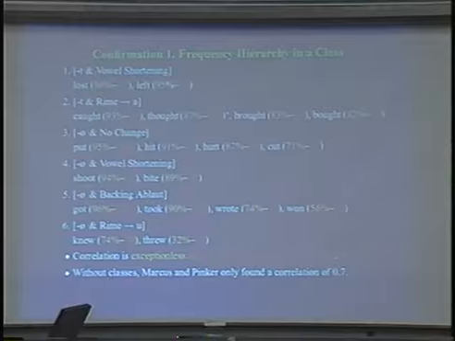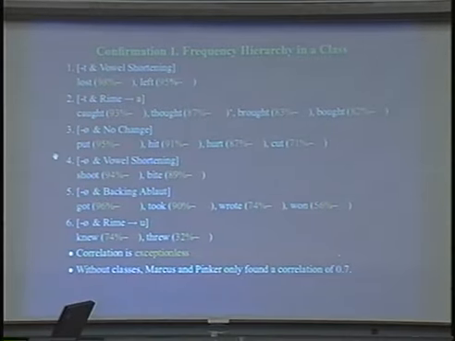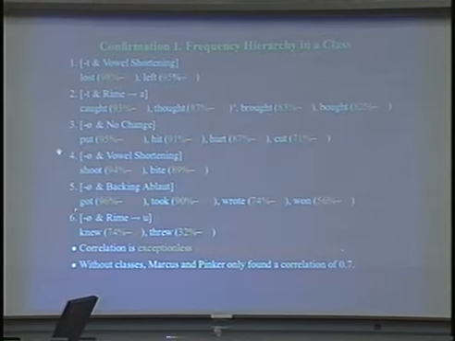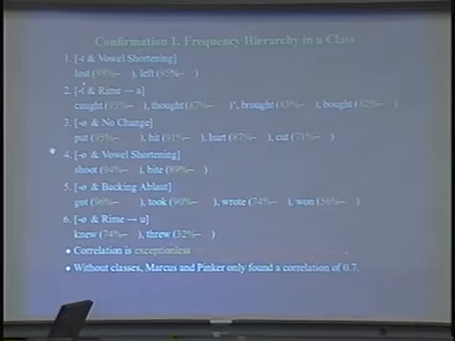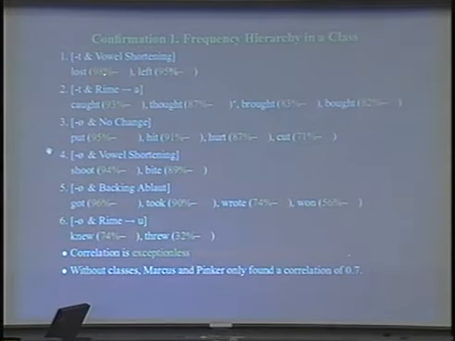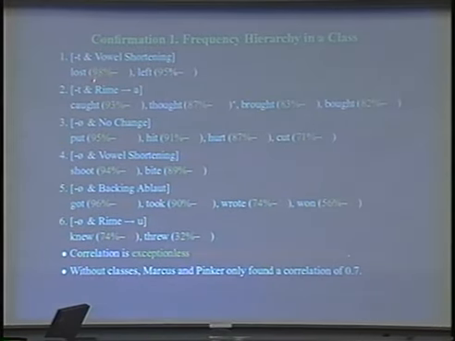So let's look at the first prediction, namely you keep verbs in the same class and look at their performance. We have some classes here, given again by traditional phonology. So you have lose and lost, used 98% correctly, heard 63 times in over 100,000 sentences.